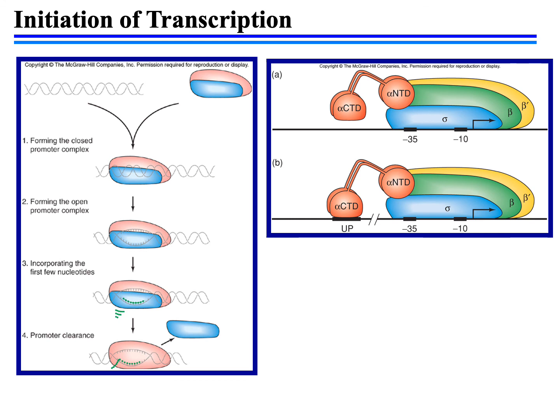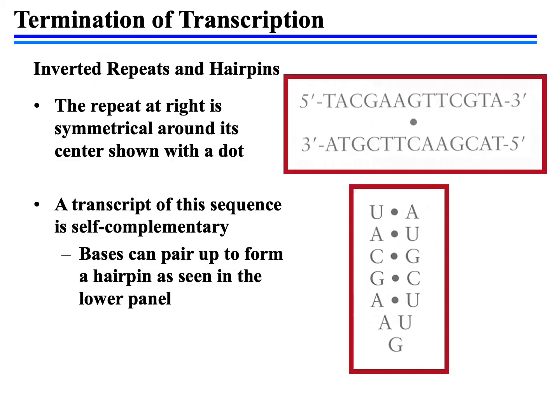So if you have a gene that has an upstream activating sequence or an upstream element, and you have a polymerase that has a sigma factor that can recognize that upstream element, this can make transcription much more efficient. And we will look at some more specific examples of that in our next lecture.